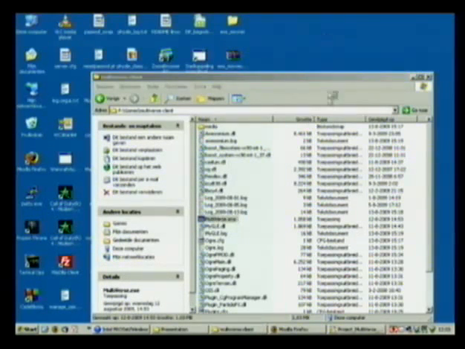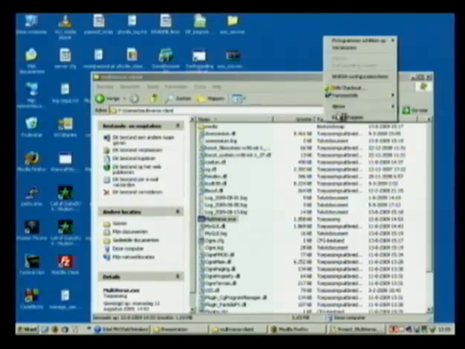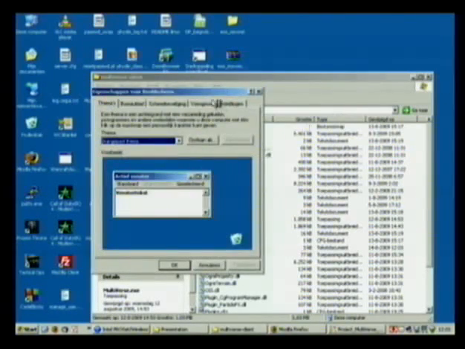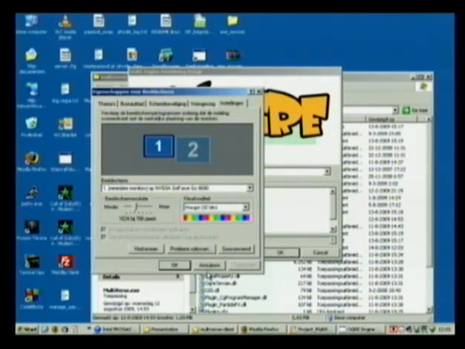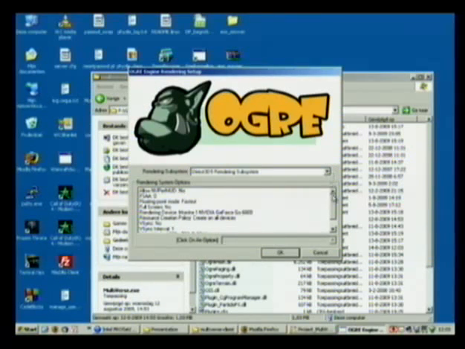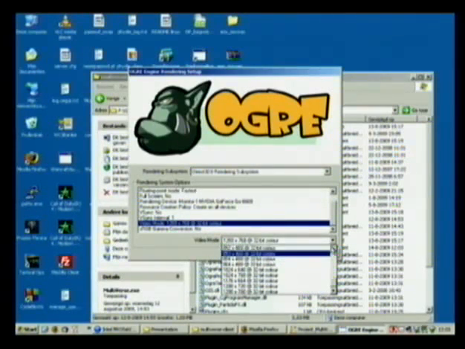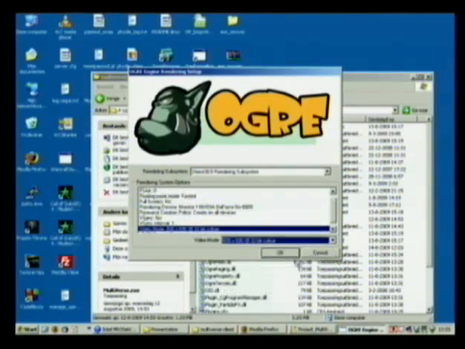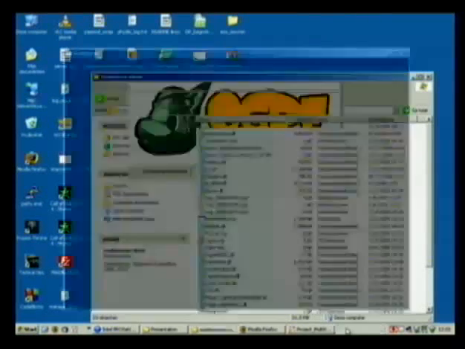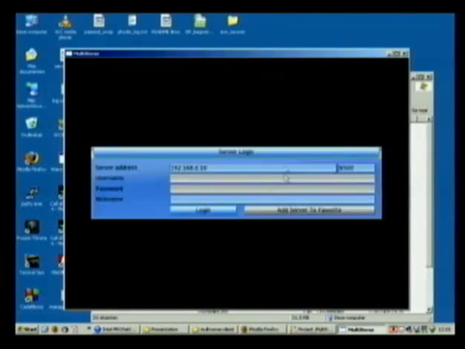Okay, what resolution am I running in? So this is the client.